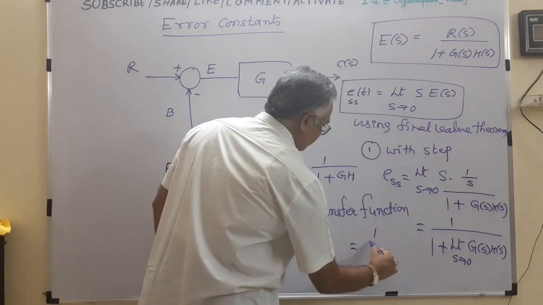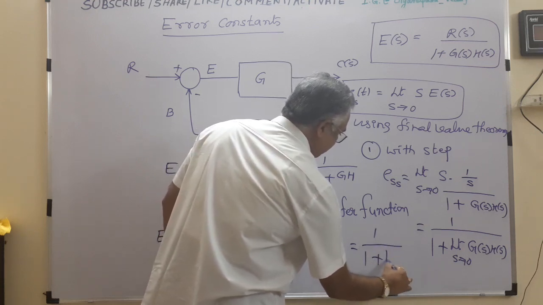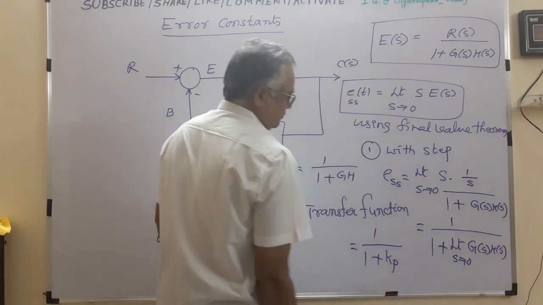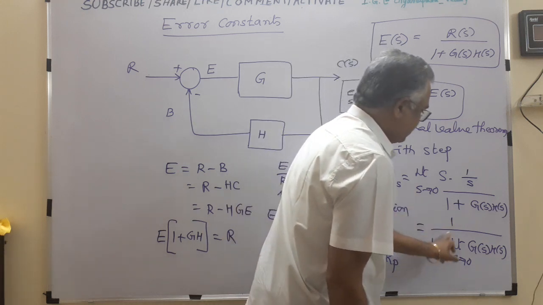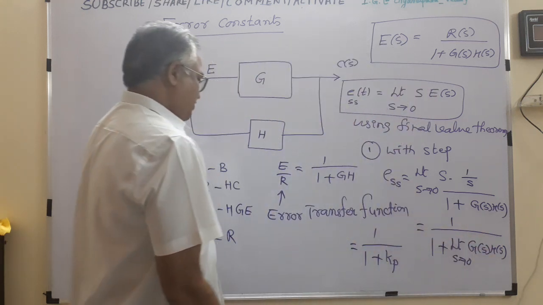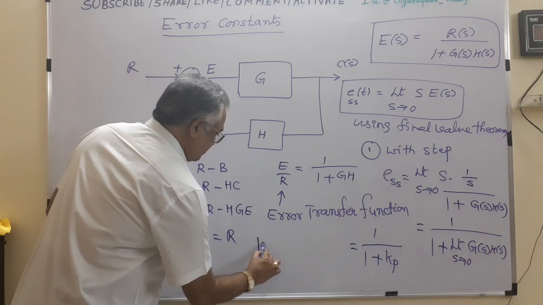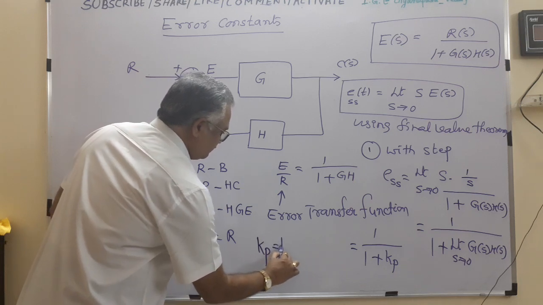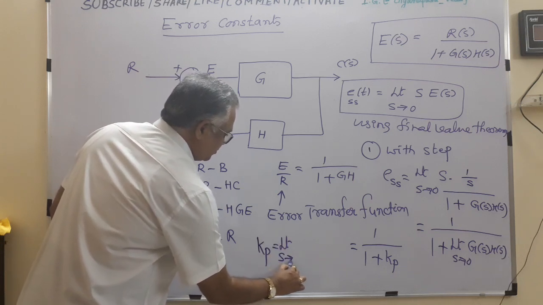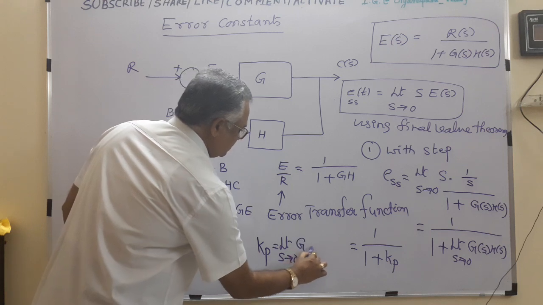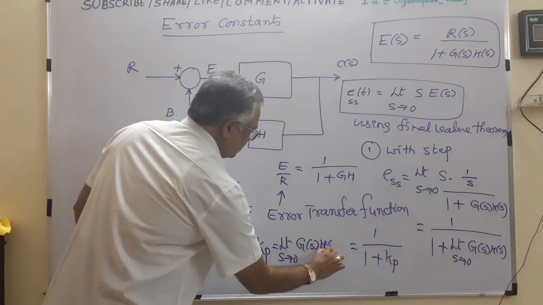What is the short form? 1 by 1 plus Kp, where Kp is equal to limit s tends to 0 g of s h of s.